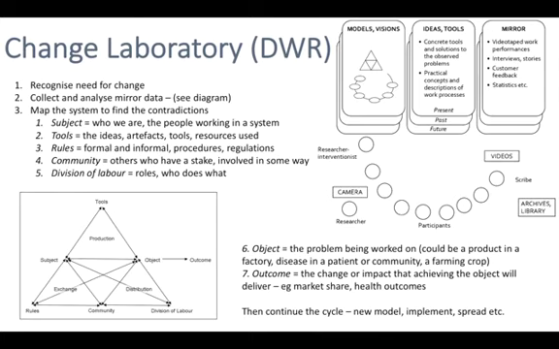Now, let's imagine that I was involved in one kind of version of this Change Laboratory, a very simple version, where we were interested in how PhD students got teaching opportunities within a university. And so the system involved rules around who was allowed to teach, so whether you had to have completed a course or not.